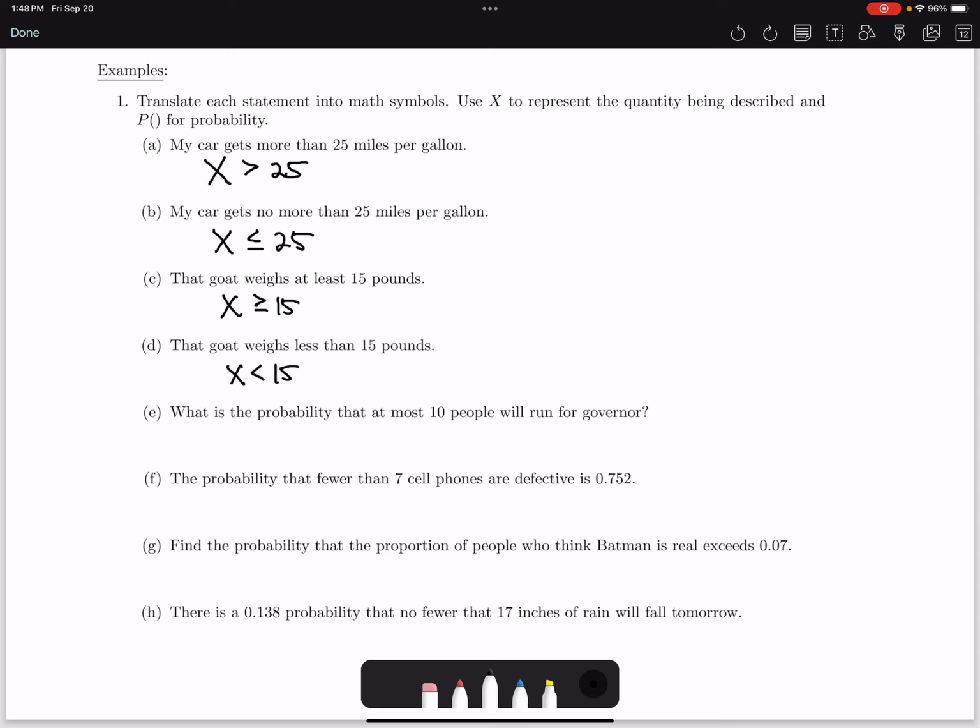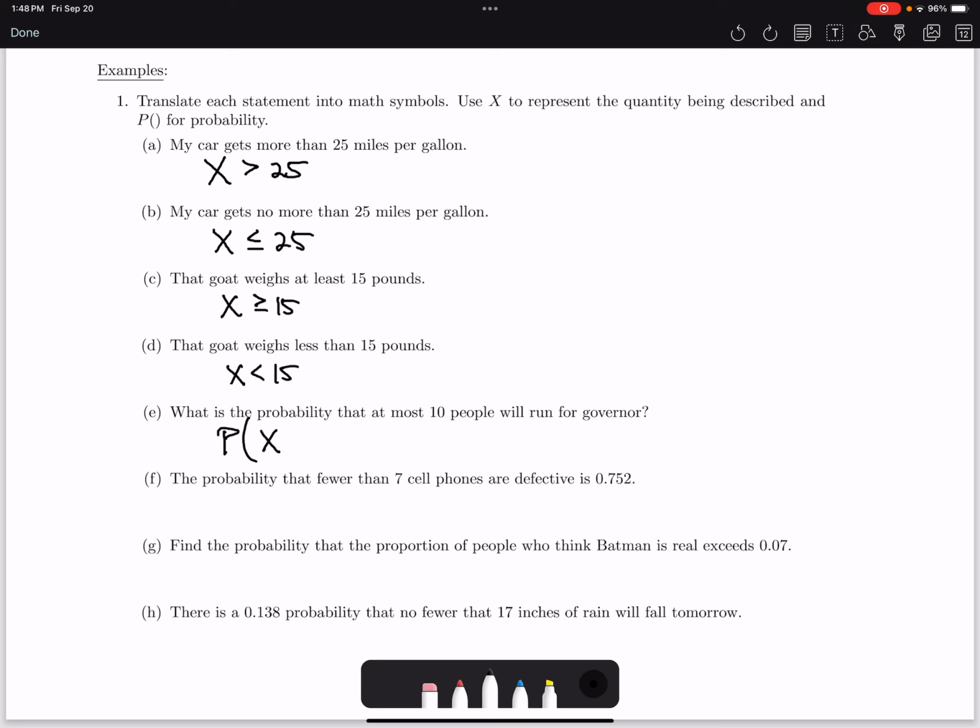All right, let's throw some probabilities into the mix, because this is the context in which we're actually going to see these kinds of things. Part E says, what is the probability that at most 10 people will run for governor? So let's say that X is the number of people that run for governor.